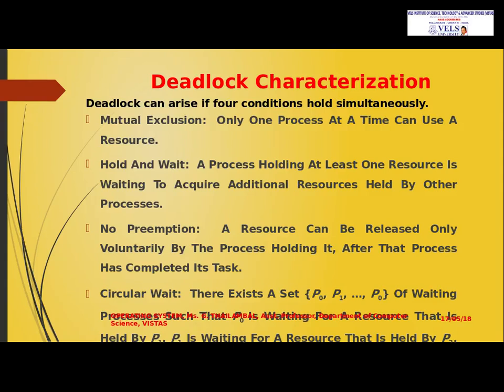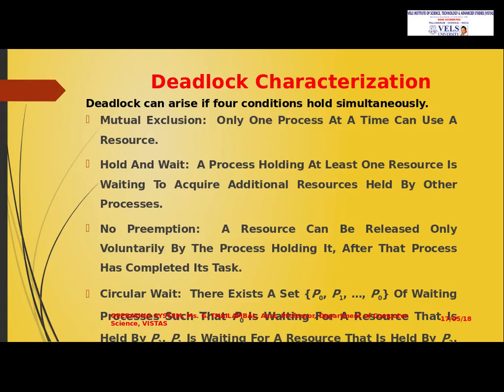Take three processes: P1, P2, P3. If P1 is waiting for the resources held by P2, P2 is waiting for the resources held by P3, and P3 is again waiting for the resource held by P1, then P1, P2 and P3 will not release until they get their resources. If there is a circular wait, a cycle, then it definitely leads to a deadlock.